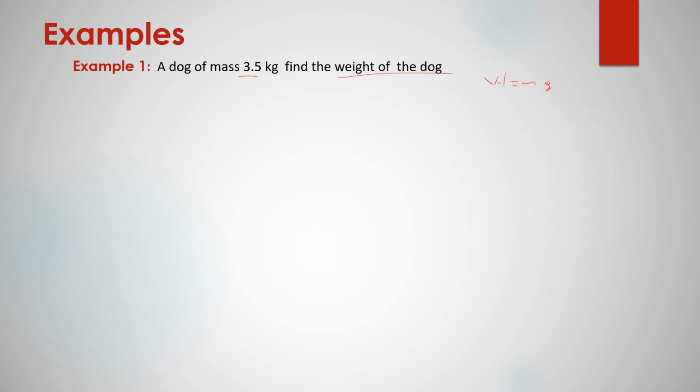The mass is 3.5 kilogram multiplied by g, and g is 10. So the answer is 35 Newton. Let's see the solution: mass is 3.5 kilogram, gravitational field strength is 10, so 3.5 multiplied by 10, answer is 35 Newton.